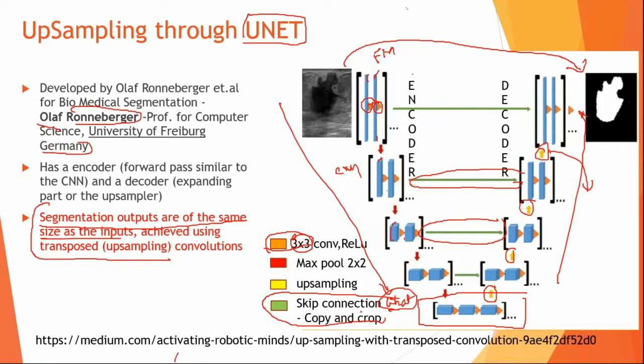What it means is, at different layers, they take some features from here. So this is layer 1, layer 1 here and layer 1 here. At this point, they take some of the features from here and put them to the decoder side. They concatenate, and then they apply two different convolutions here. Similar thing happens here.